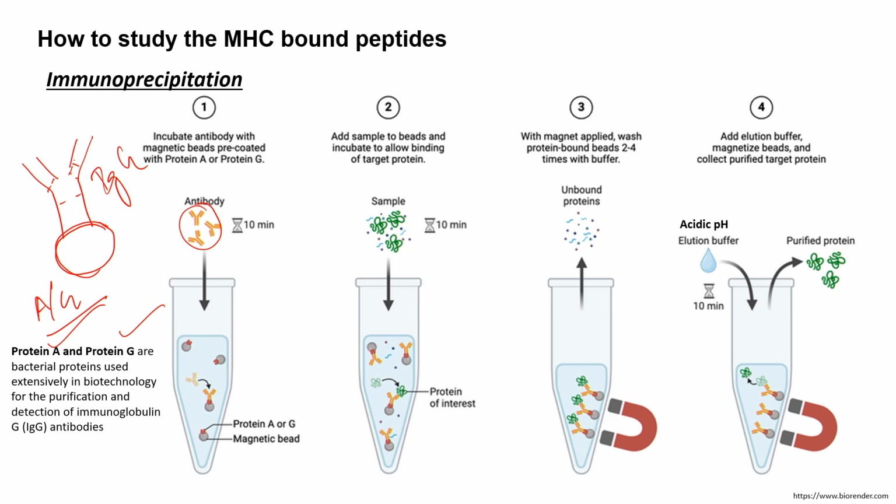This is just a process of precipitating anything that can bind to the antibody. People have used magnetic beads on those proteins, with magnetic particles added, so that this helps them elute out or precipitate out in a proper way.